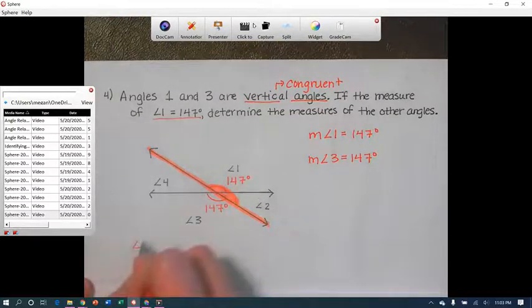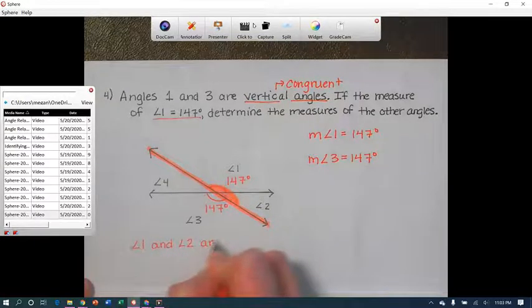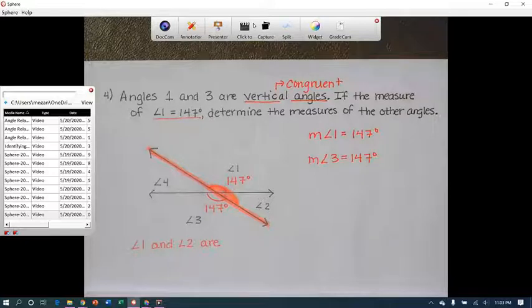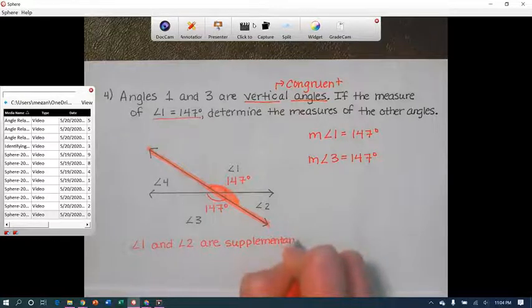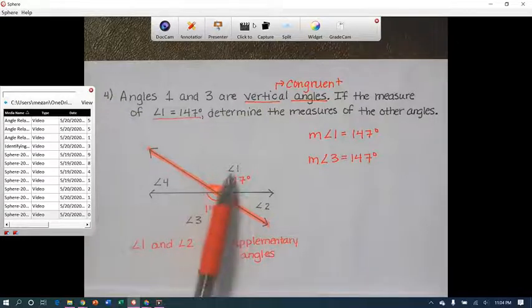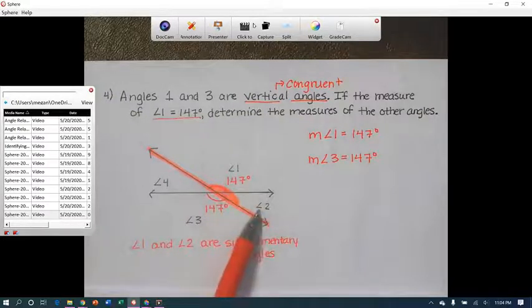So angle 1 and angle 2 are, do you remember what that vocabulary word is to describe angles in which the sum of the measures is 180 degrees? They form a straight line, and so angle 1 and angle 2 are supplementary angles. So that means that angle 1 plus angle 2 is equal to 180 degrees.